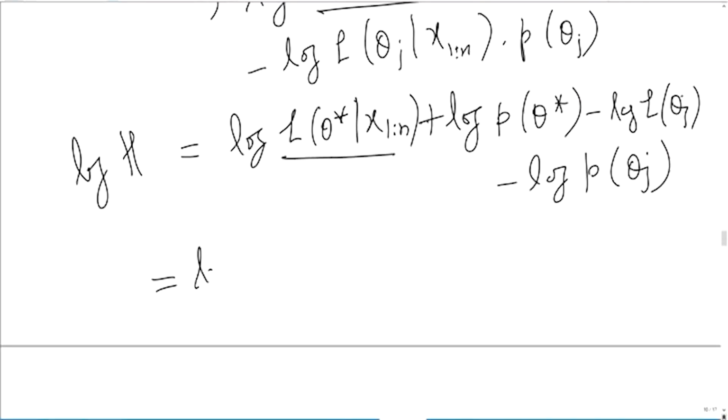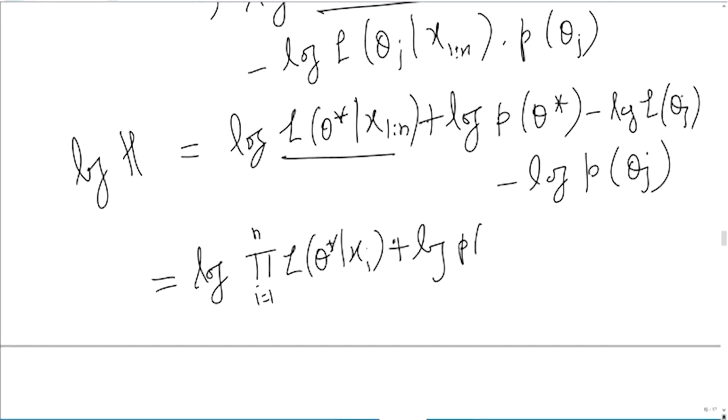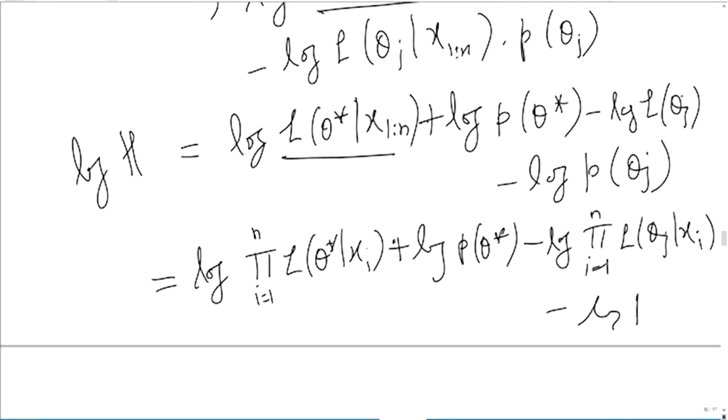So you can rewrite this like this: this is the joint likelihood of theta star, the product of likelihoods of individual data points, then plus log of prior density of theta star minus, similarly here, log of the product of likelihoods for theta j, minus log of prior density of theta j.